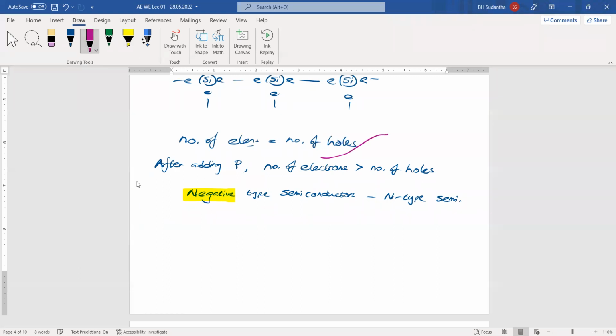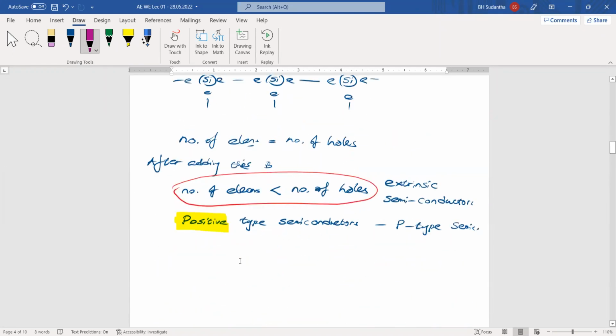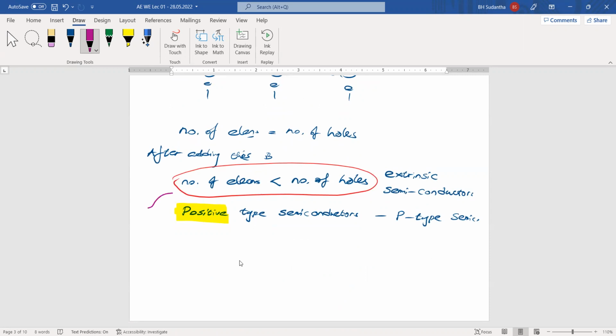And these are majority carriers and they are minority carriers. And here, these are minority and they are majority.